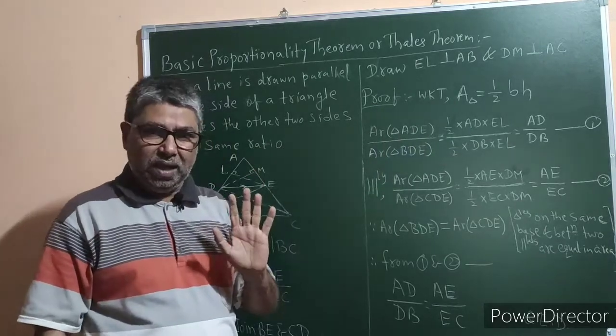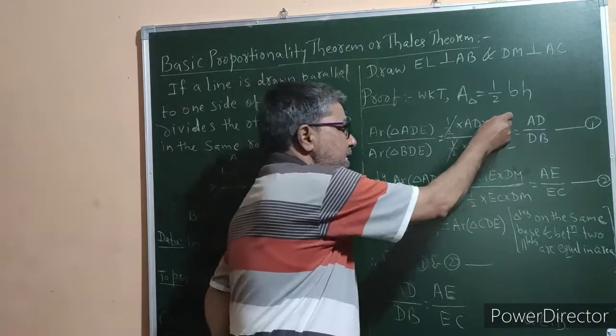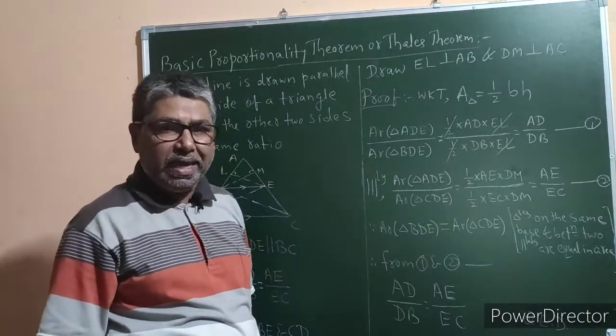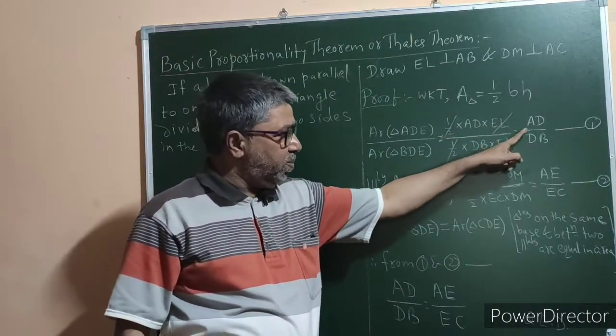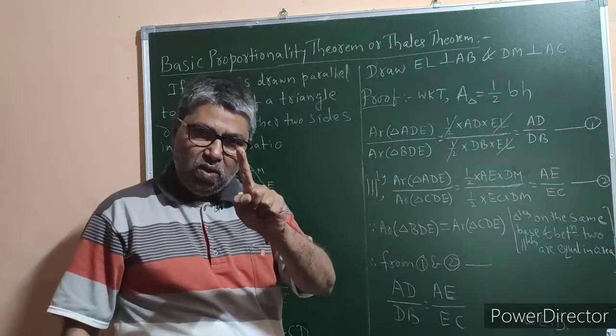Now half gets cancelled, EL will also cancel, and AD upon DB will remain. Write AD upon DB and call it equation number 1.